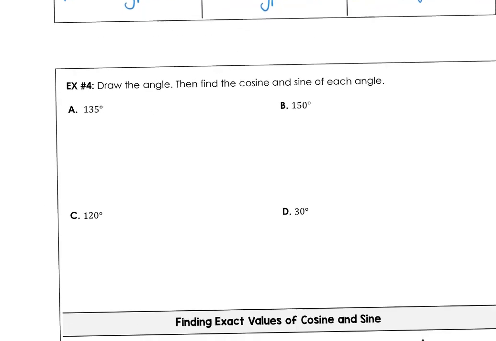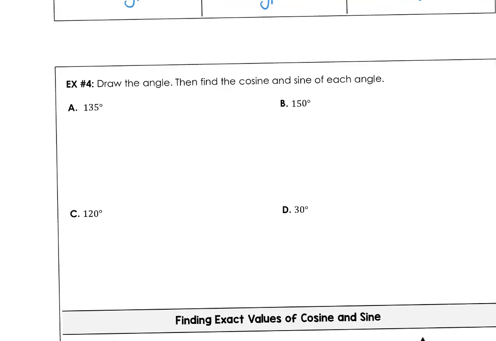In example 4, we want to draw the angle and then find the sine and the cosine of each angle. And 135 degrees, we just saw earlier, is over here in quadrant 2, and it creates a right triangle with a 1, 1, square root of 2 ratio, except the x-axis is -1 because we've gone to the left in quadrant 2.